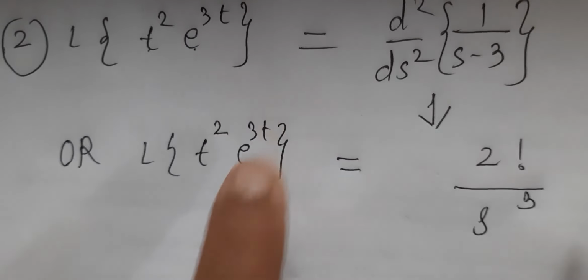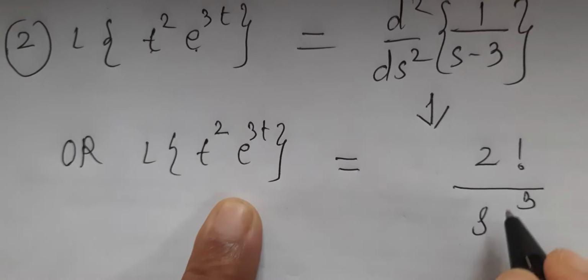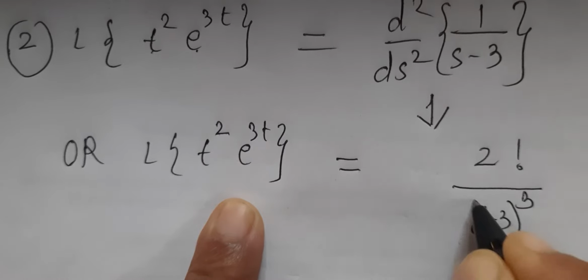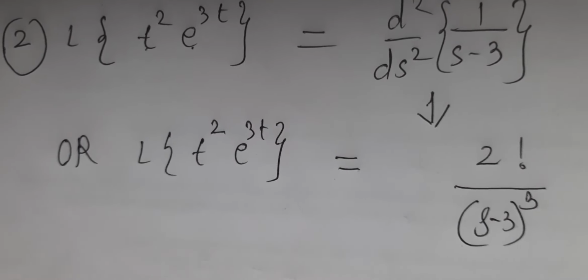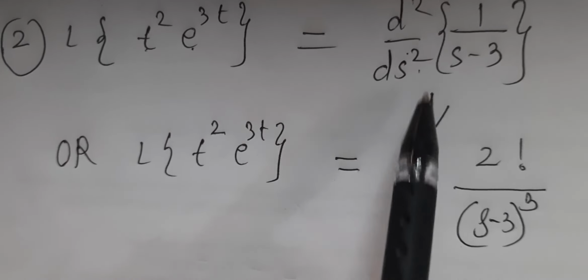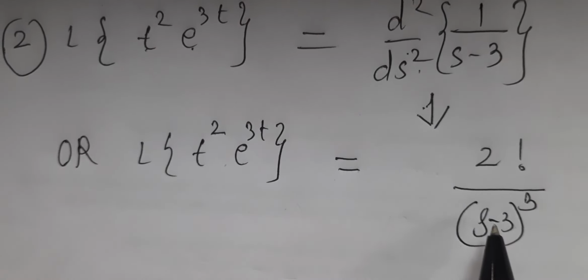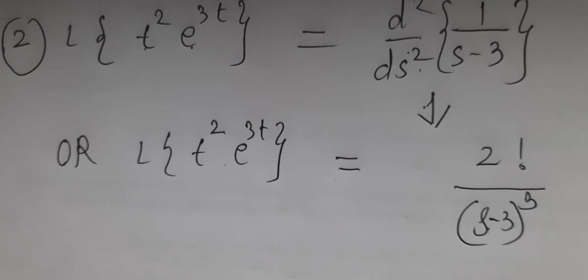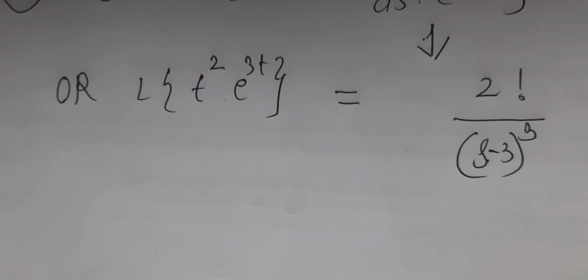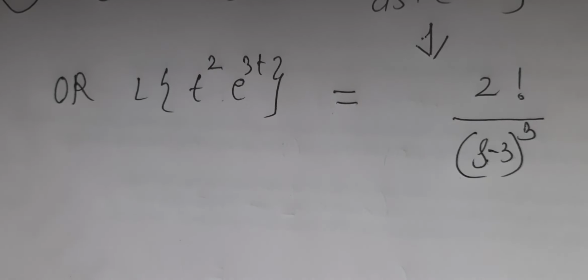And first shift means we replace s by s minus a. So which is s minus 3 cube. And you can understand here, instead of finding these two derivatives, it's very easy to apply the first shift rule. So again, not any rule, but whenever you have the option, go for first shift instead of multiplication by t or division by t, whatever.